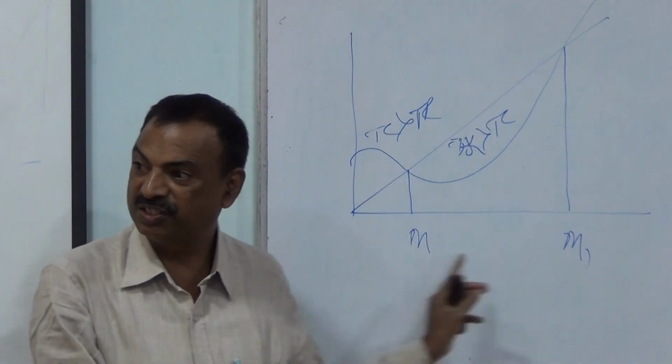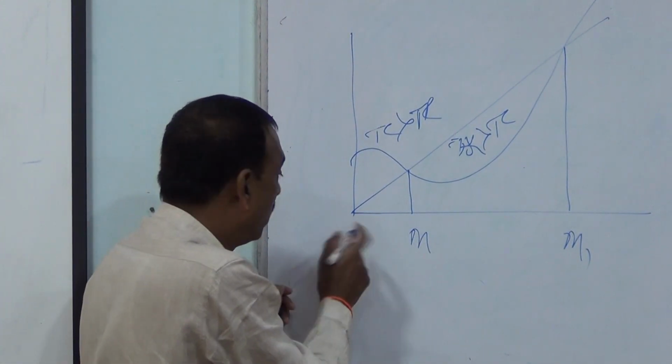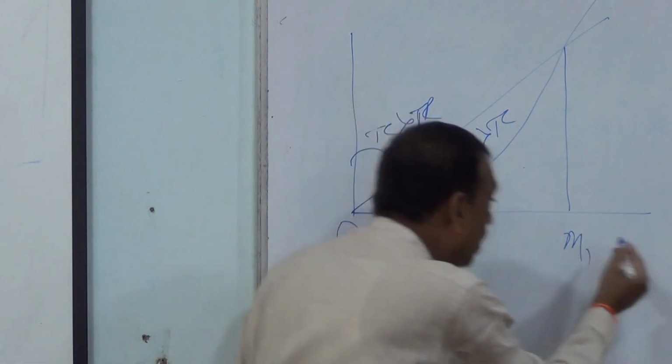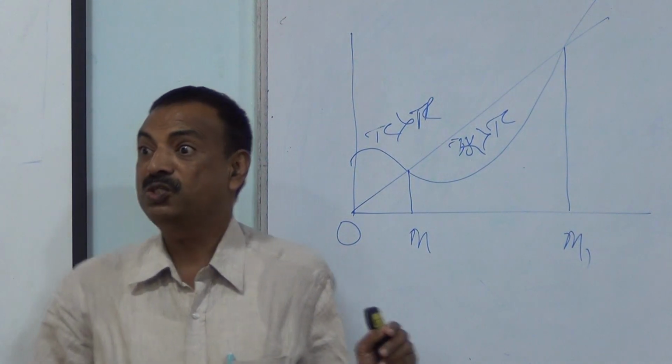It is a range, the operation is M to M1. If you come this side, before OM or after OM1, it is a loss. So one should not operate.